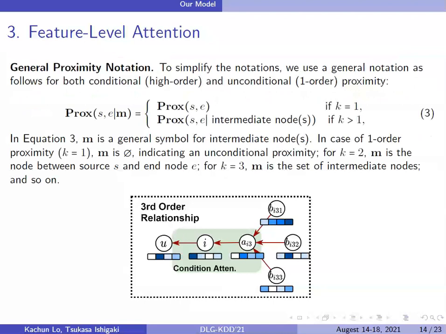So a general proximity notation is shown as below. To simplify the notations, we use a generalized notation as follows for both conditional, high order, and unconditional, which is one order, first order proximity.